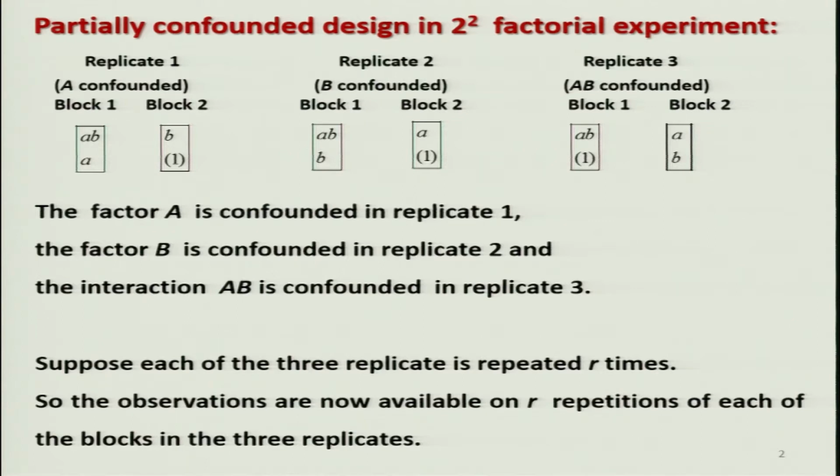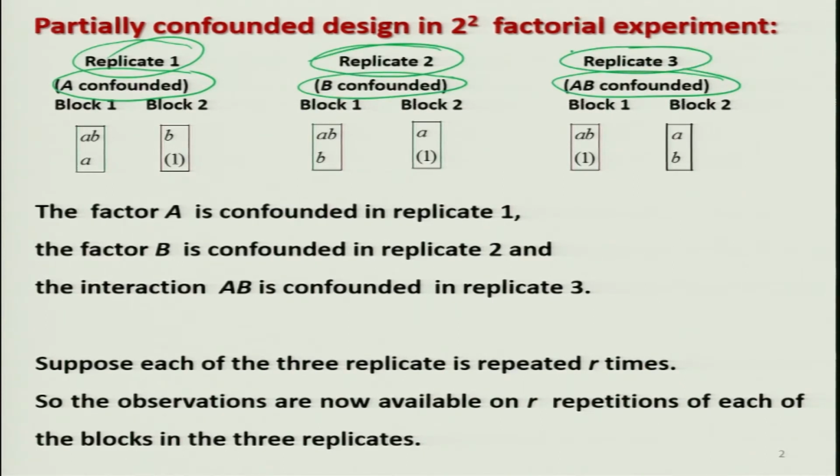If you recall, in the last lecture we had taken this example where we considered the 2-square factorial experiment, and we had confounded the effect A in replicate number 1, effect B in replicate number 2, and effect AB in replicate number 3. These are the different treatment combinations which are given to the different blocks.